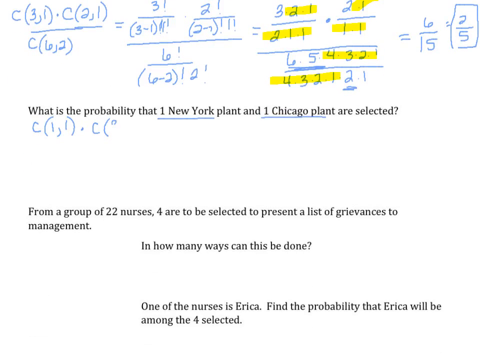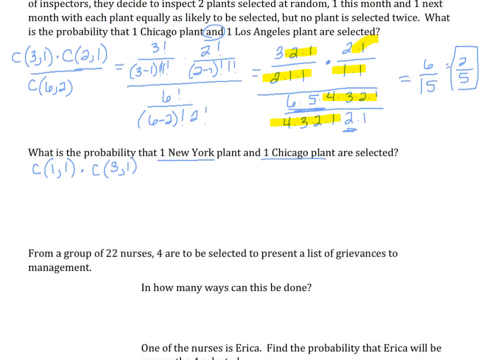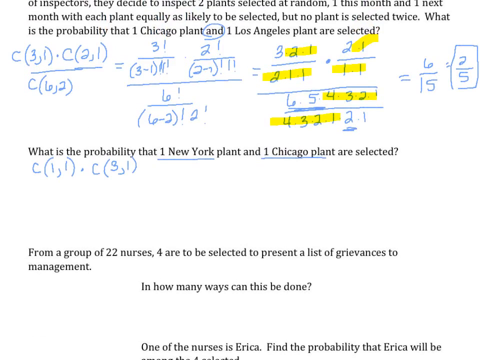So 3, choose 1 of those plants. And we already figured out what 3 choose 1 is up above. So we can replace 3 choose 1 with simply just 3 because that's what was left over. All over our entire options are 6 choose 2.